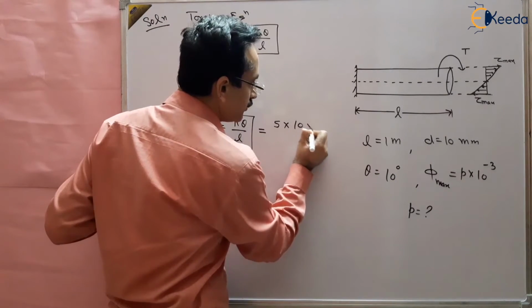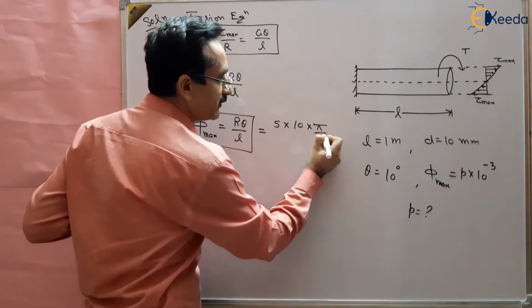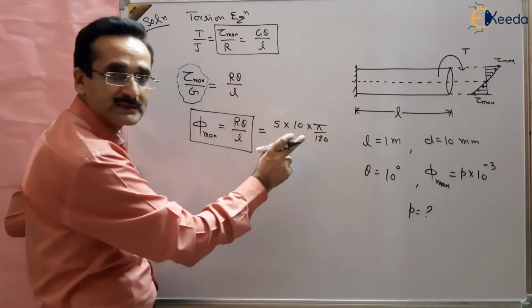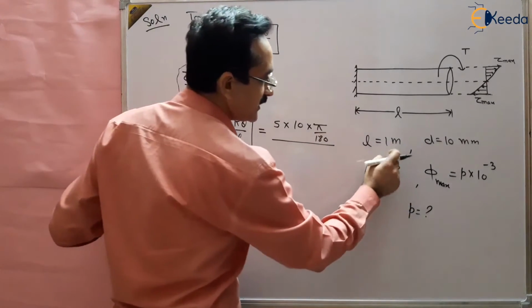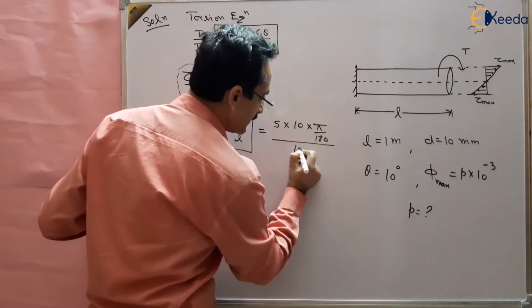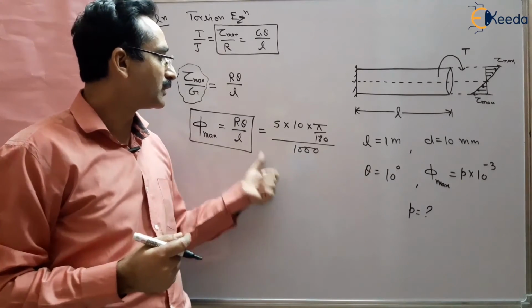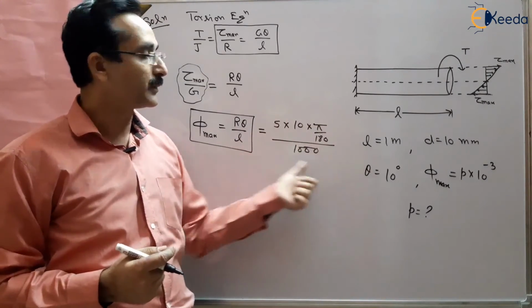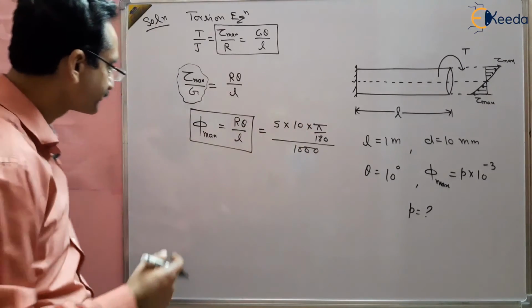You can convert it into radians because the SI unit is radian, so multiply with pi by 180 to convert it into radians, right? Divided by length. Length is 1 meter, which means 1000 millimeter. Converted into millimeter, the answer will be dimensionless, right?